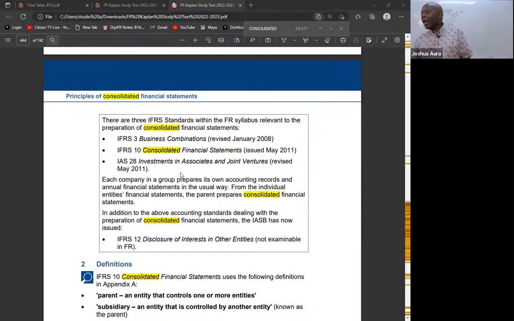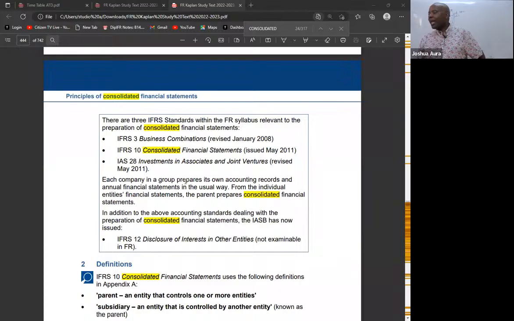There are 3 IFRS standards within the financial reporting syllabus relevant to preparation of consolidated financial statements. We have IFRS 3, Business Combinations, which was revised in January 2008. We have IFRS 10, Consolidated Financial Statements, which was issued in May 2011. We have International Accounting Standard 28, Investments in Associates and Joint Ventures.